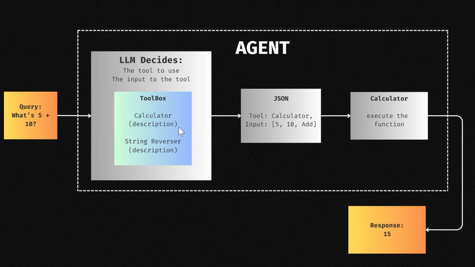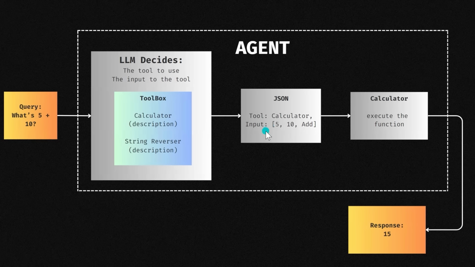That description tells the large language model what the input should look like for that tool. So we can get the large language model to generate a JSON, which will have the tool as one of the keys, and the value will be the tool that it needs to use. In this case, it's the calculator, and then the input to the tool as the other key. And the values there will be the correct inputs for the tool based on the query.